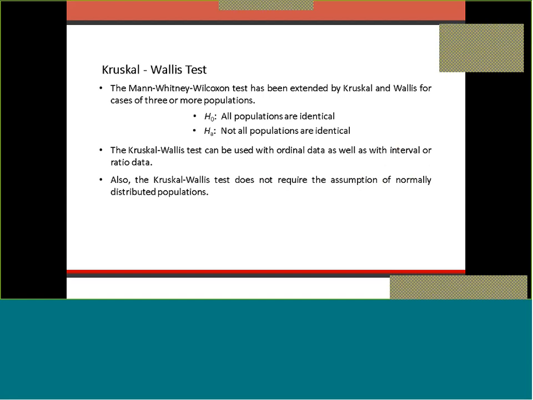The Kruskal-Wallis test can be used with ordinal data as well as interval or ratio data. Similarly, like the previous Mann-Whitney-Wilcoxon test, it does not require the assumption that populations are normally distributed. That is the advantage of non-parametric tests.